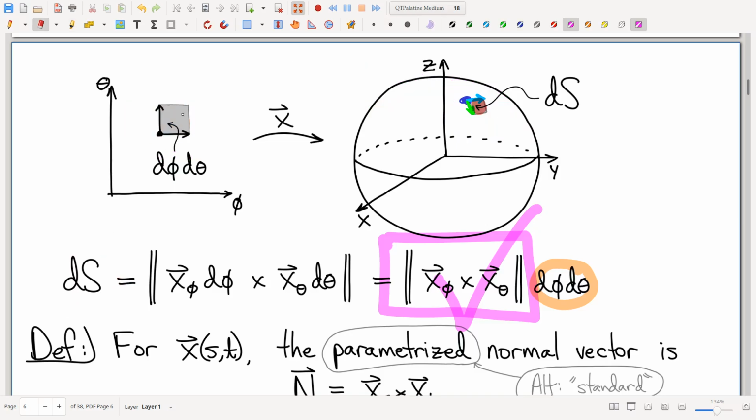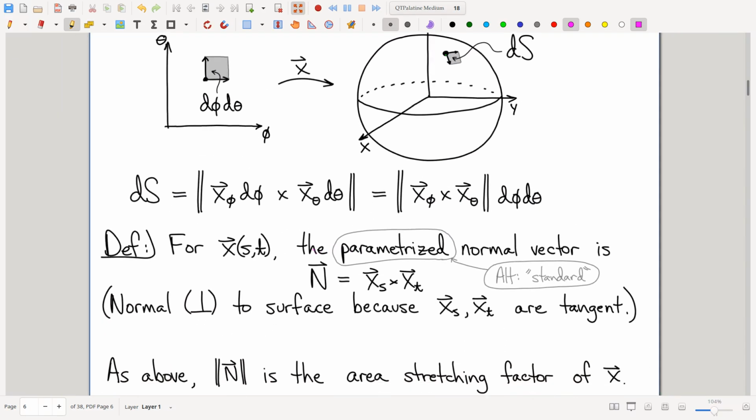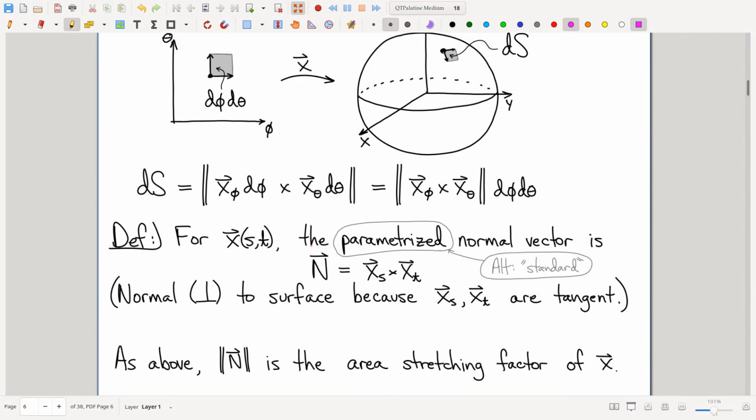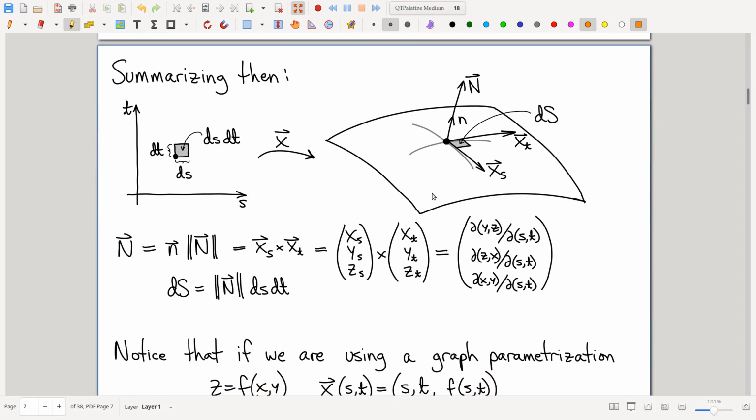So this is going to be an important tool for us. I'm going to rewrite this formula by making an observation about this expression. This expression right here is a cross product. Let me scroll ahead momentarily. I'll come back in just a moment.